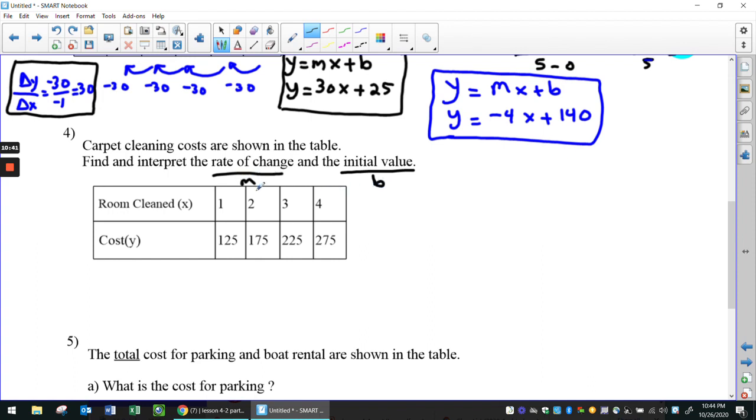And of course, the rate of change is the slope. We want to know what this means in terms of the cost per each room that is getting cleaned. Go ahead and solve for b, the y-intercept, and the slope here, and we'll come back to interpreting this information. I'll give you some time to do that.